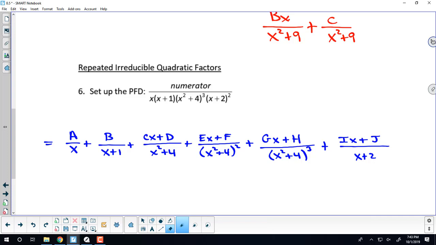Do we need the Ix plus J over x plus 2? Well, it's going to come out to the same thing. Since x plus 2 is a simple repeated linear, you almost had that. We would just say it's I over x plus 2 plus J over x plus 2 squared.